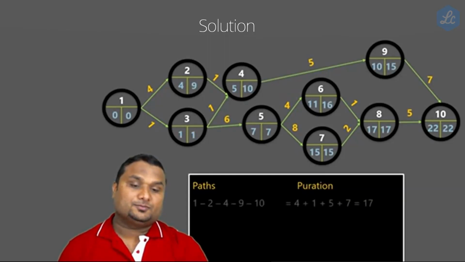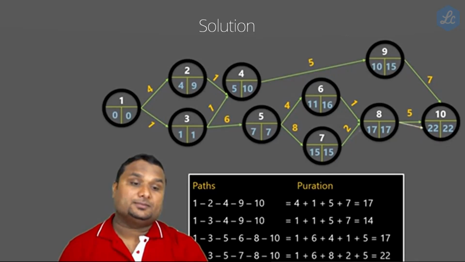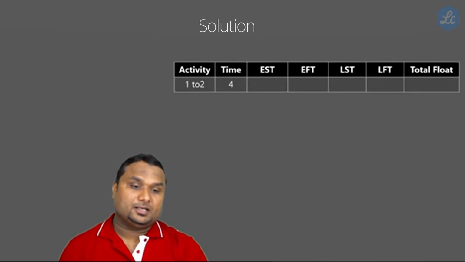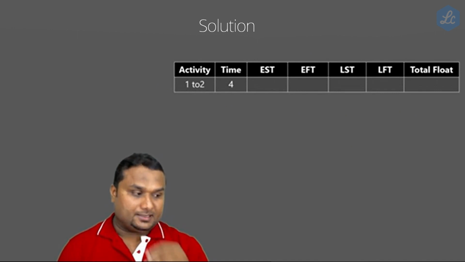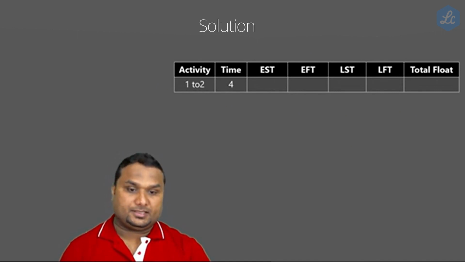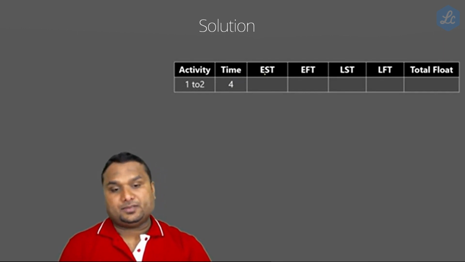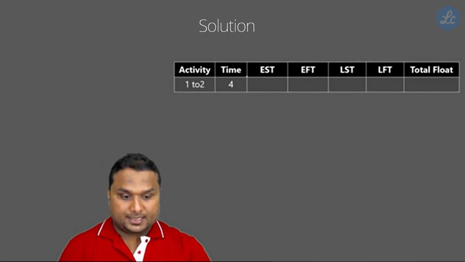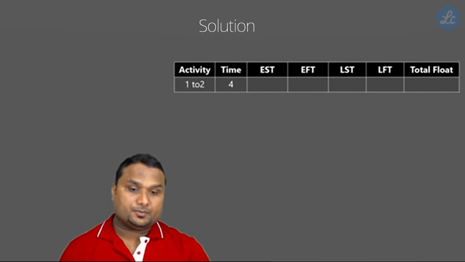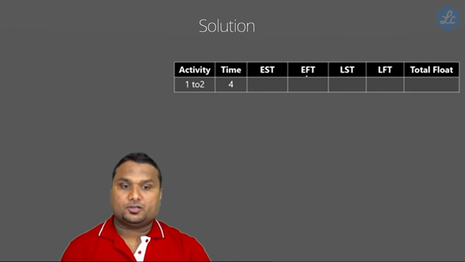Now I'm going to show you a table. Draw a table like this. First column, activity. Second column, time. Third column, EST. Fourth column, EFT.